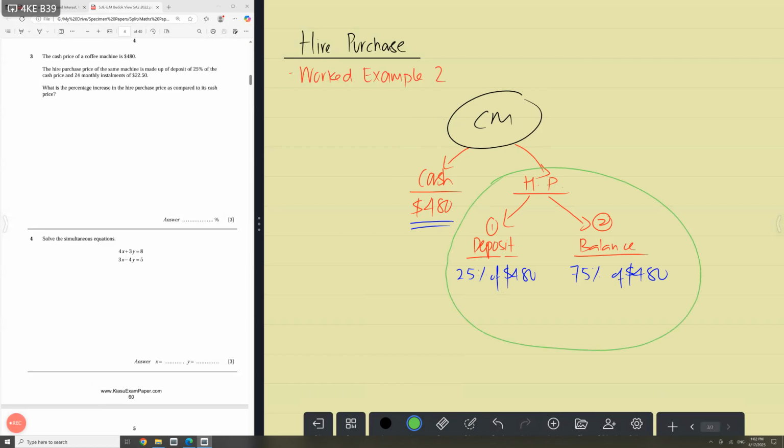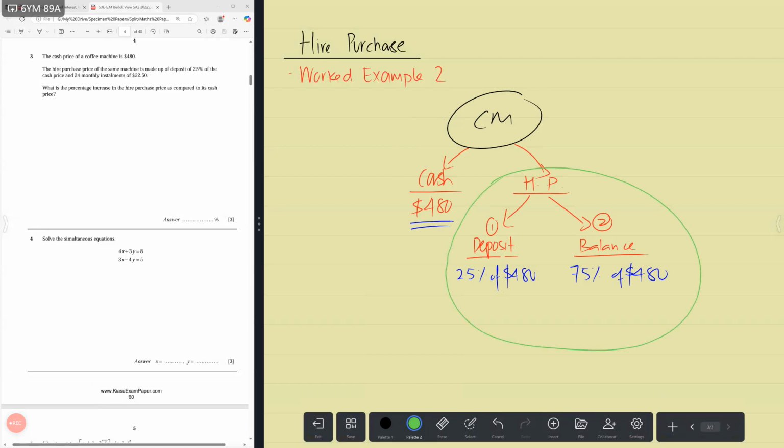If you choose to pay a deposit and then pay the balance, paying an equal amount every month, what you need to know here is he pays an amount of $22.50 for 24 months, and he also initially paid 25% on the first day of purchase. So we will count all those to get our hire purchase price.